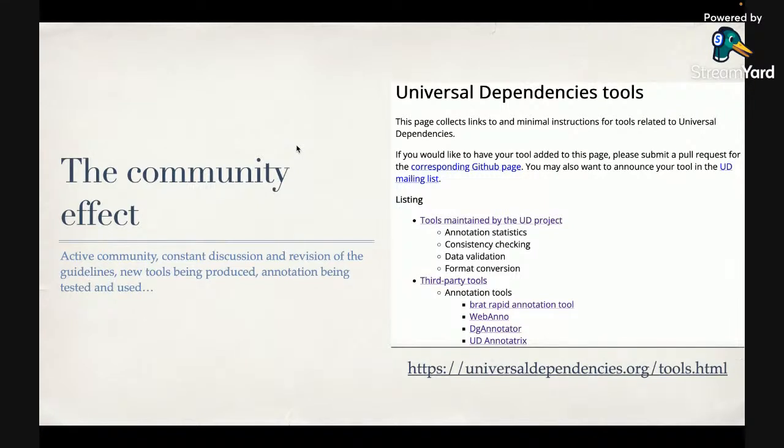So this, in a nutshell, is what most people would tell you if you ask them why UD is important and why it's relevant. But if you ask me, I will also say that one huge advantage that Universal Dependencies has is the community effect, because, as I said, Universal Dependencies is also a community, and that means that it's an active community with a lot of discussion, a lot of revision and clarification of the guidelines.